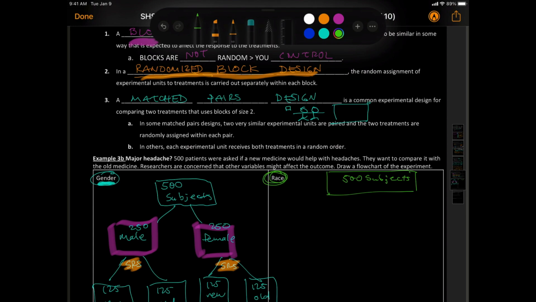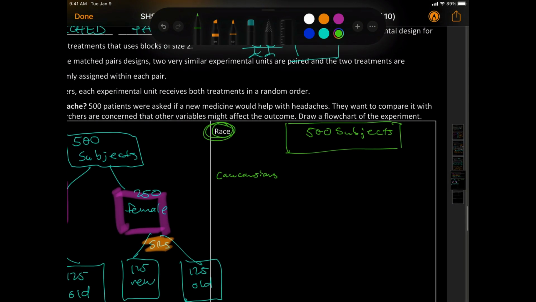So 1, you might have Caucasians. And then you might also have African Americans. And over here you might have Asians. And over here you might have Hispanics. So you split them up.